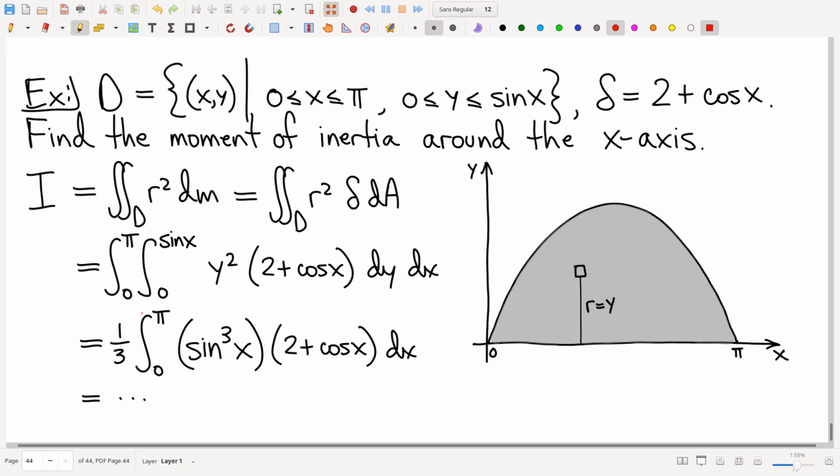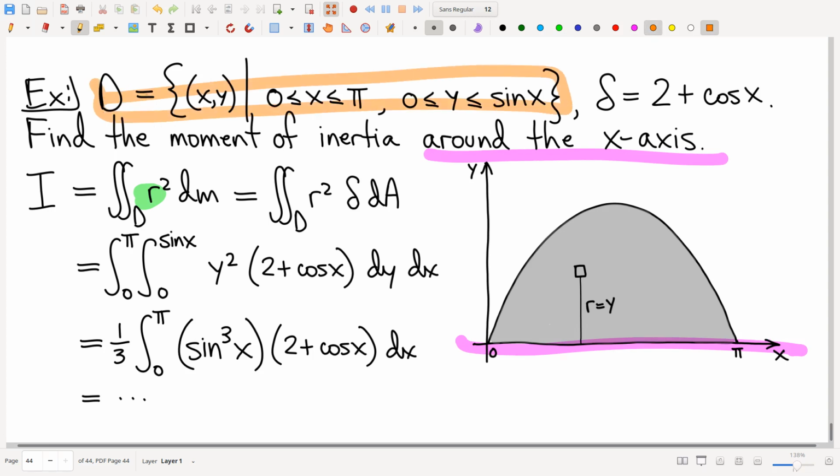Okay, in this circumstance, what can I say about this r here? What is r? Well, we're rotating, it says right here, around the x-axis. There's the x-axis. Right? Looking at our region, looking at an arbitrary point in my region. What is that distance from my arbitrary point to my axis of rotation?